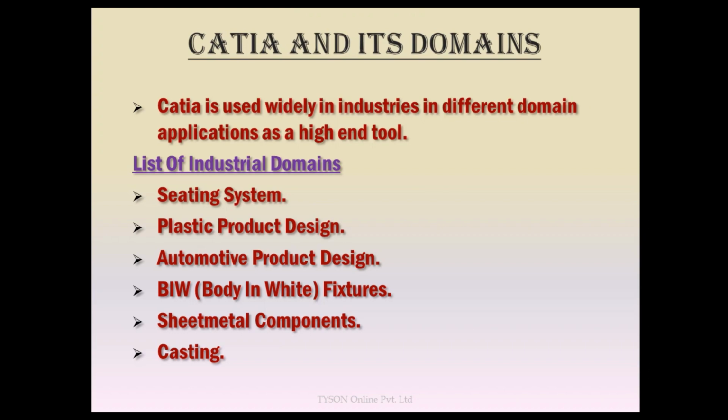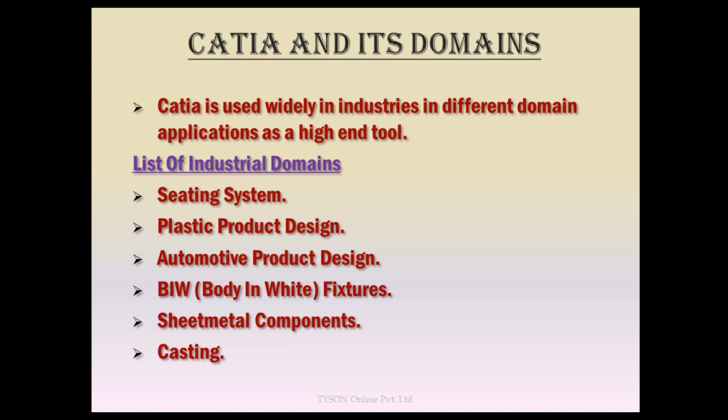So for seating system, plastic product design, you can use CATIA for learning these tools. Plastic product design, automotive, these are the detailed courses available. But first you have to get the basic CATIA knowledge. You have to learn basic CATIA, the workbenches which we discussed in the previous slide, and then go for these domain courses. These are very useful domain courses. If you learn any of these domains, you can get a job easily in industries working on certain domains.